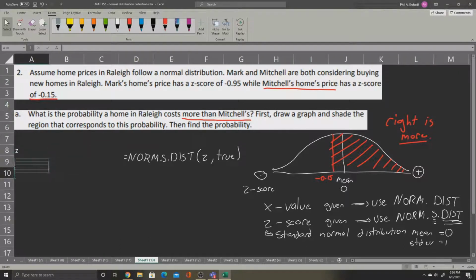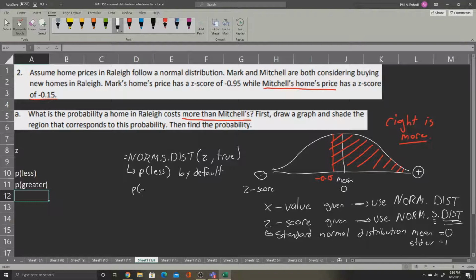And in doing norm s-dist, we will find the probability of being less. Remember, Excel by default does probability of being less. So we'll have to add an additional step to find the probability that it's greater. Once again, we can remind ourselves p greater is just 1 minus p less.